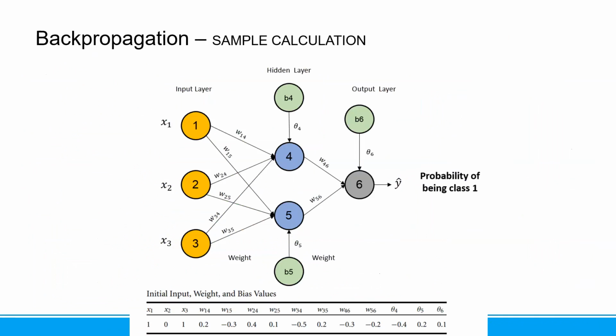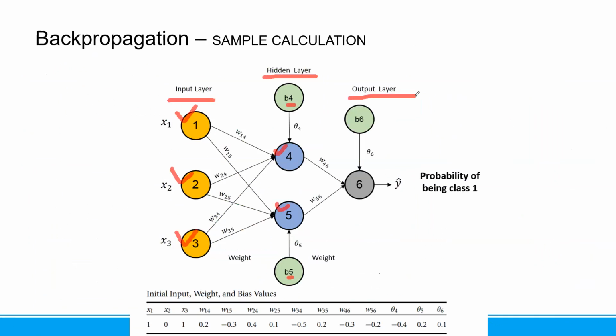So in this example, we have the network with x1, x2, x3 as the input, and we have the hidden layer with unit 4 and unit 5. So there are 2 units, and we have theta 4 and theta 5, which are the biases.